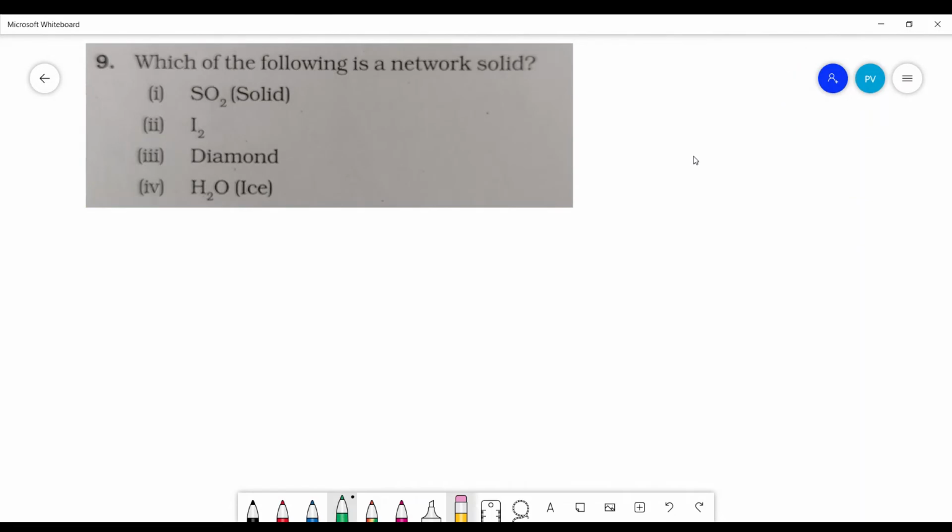Which of the following is a network solid? SO2, I2, diamond and H2O. Diamond is a crystalline giant molecule, and the atoms in diamond are held together by strong covalent bonds.